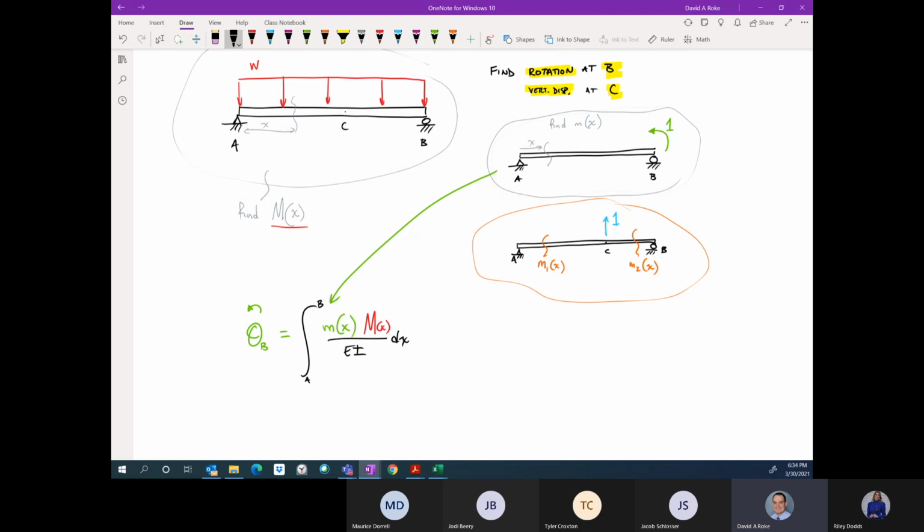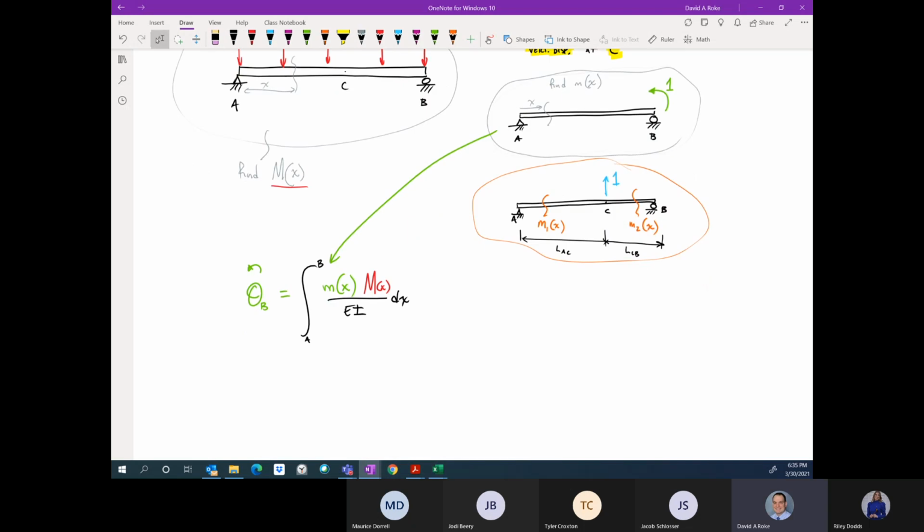If instead I'm looking for this vertical displacement at C, then what I'm saying is that V sub C, since I put that unit force upward, V sub C is assumed upward.